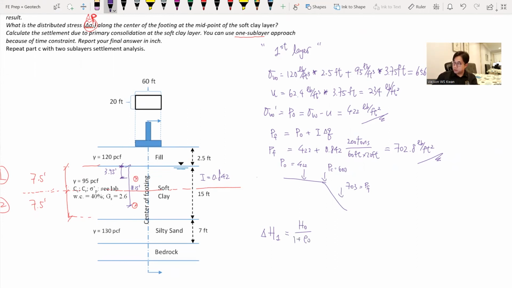The delta e has two parts: C sub R times the maximum past pressure divided by the initial stress, plus the compression index times the log of the final stress divided by the maximum past pressure.